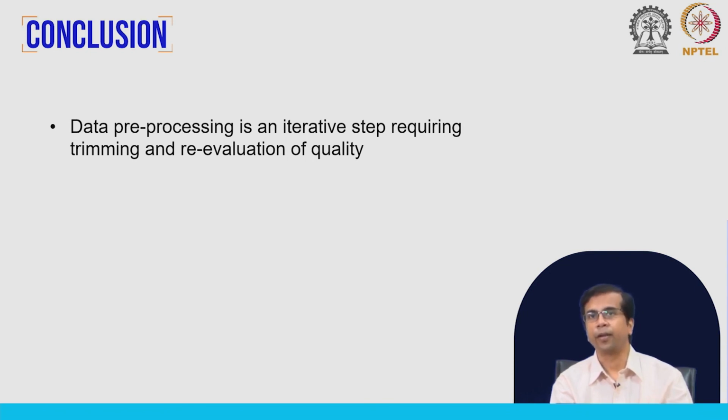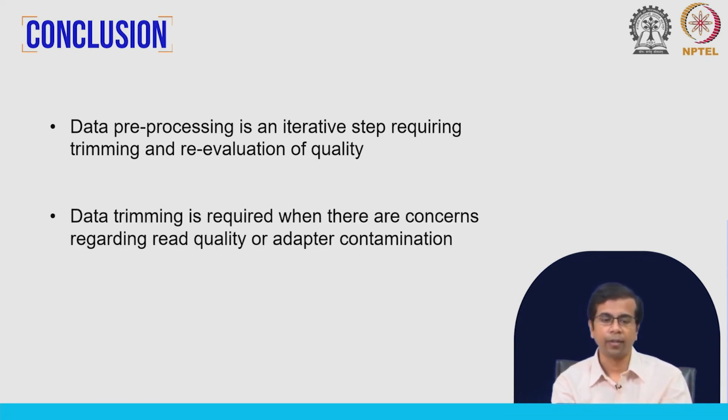It requires trimming and re-evaluation of quality, and whether it might require some other sorts of pre-processing is again dependent on the data that you are working with. Data trimming is required when there are concerns regarding read quality or adapter contamination. So, in our case it was adapter contamination. So, we went through pre-processing, data trimming, and then also verified that the trimming actually worked.